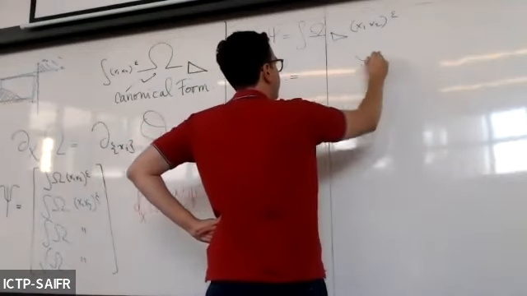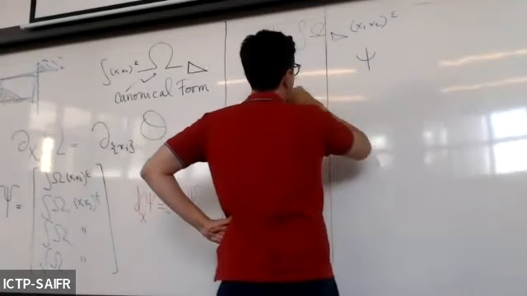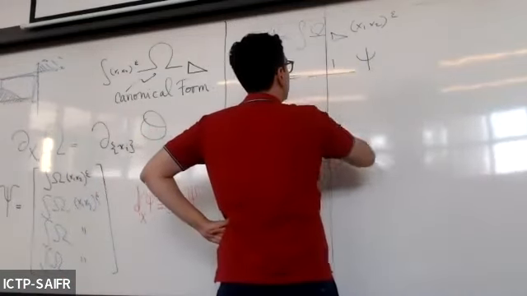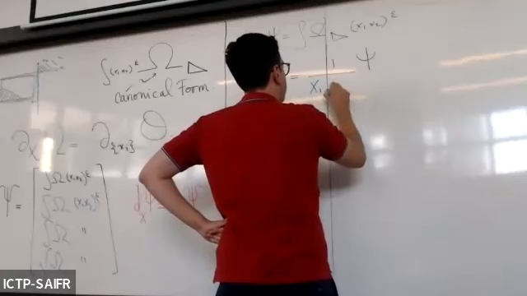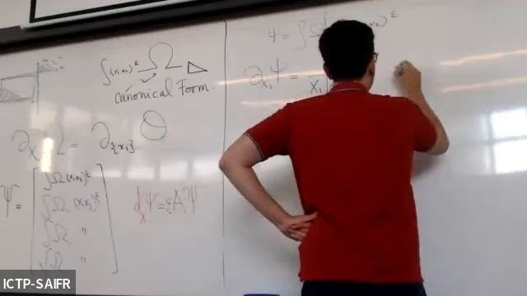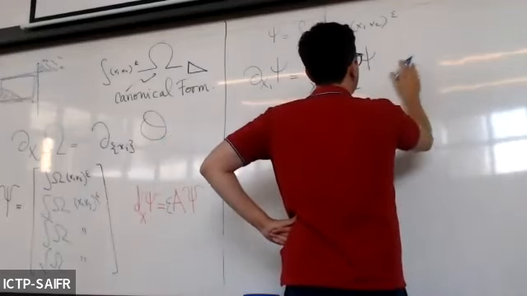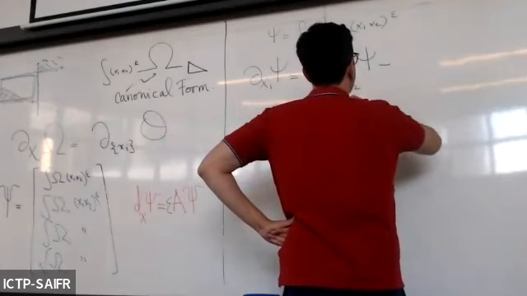You get back psi itself times 1 over x1 plus y12, plus psi minus.